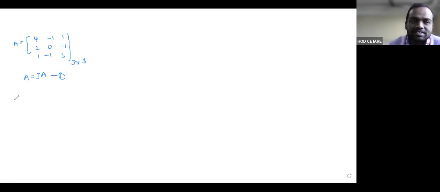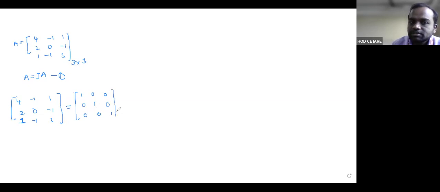So here we use the equation A equals IA. Here A is the given matrix 4 minus 1 1, 2 0 minus 1, 1 minus 1 3, and I is the unit matrix of the same order: 1 0 0, 0 1 0, 0 0 1, into A. What happens here is the same change applies to the matrix also.